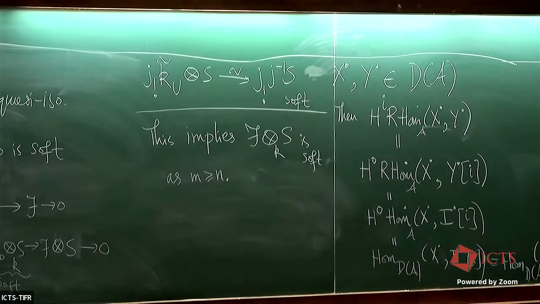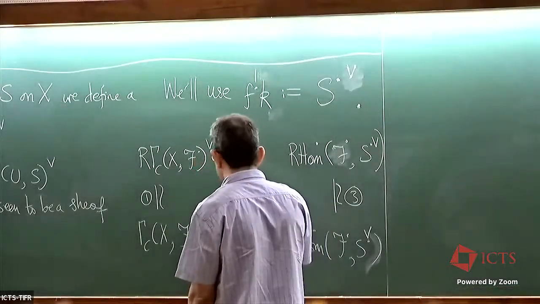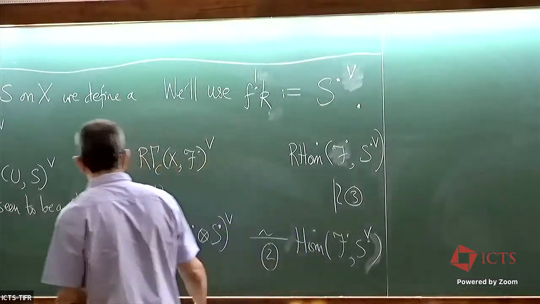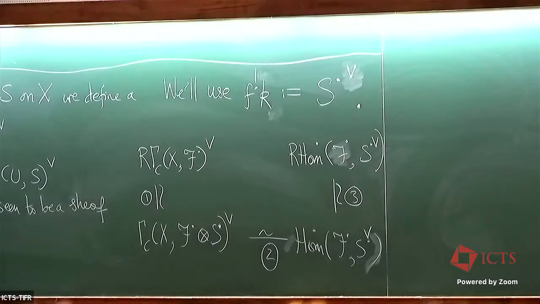And now everything else will be a similar argument. Number 2 and number 3 will be a formal consequence of number 2 actually, or something which looks like 2. So let me just finish this part here.